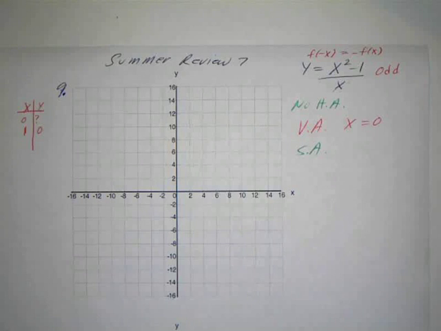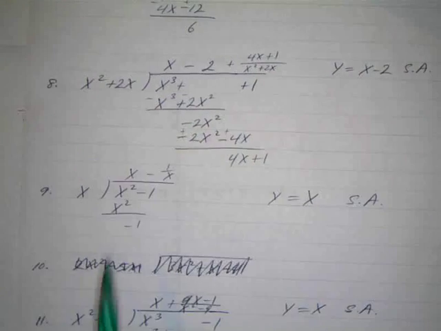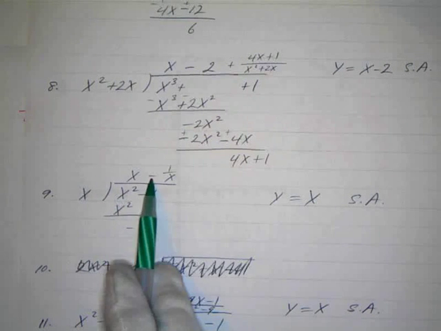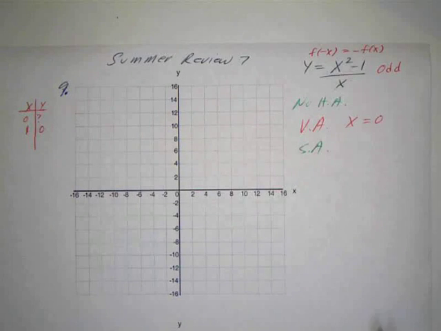on a separate page, and let's take a look at this over here. And it wasn't too bad. This is number 9, so I divided x squared minus 1 by x. Goes in there x minus 1 over x, and it's just y equals x. So there's the division process. So y equals x.